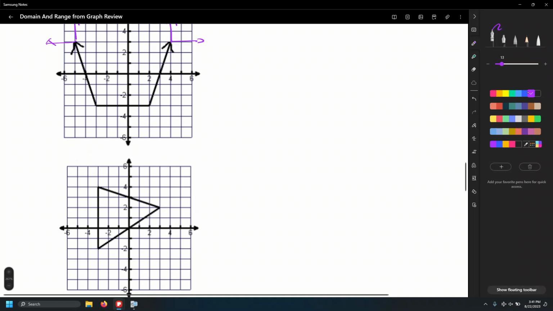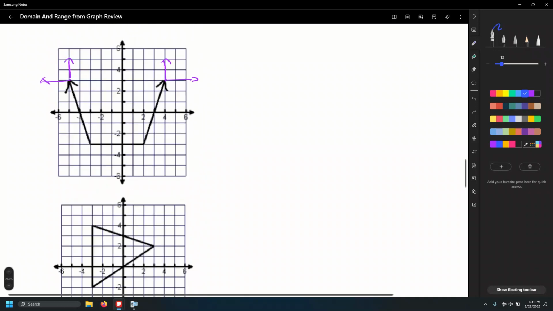So let's see about this one. So domain. Scanning from left to right comes from negative infinity, goes all the way to positive infinity, right? No problem. How do we know? Because we don't have any holes in between. It's defined for all values of x, no problem.